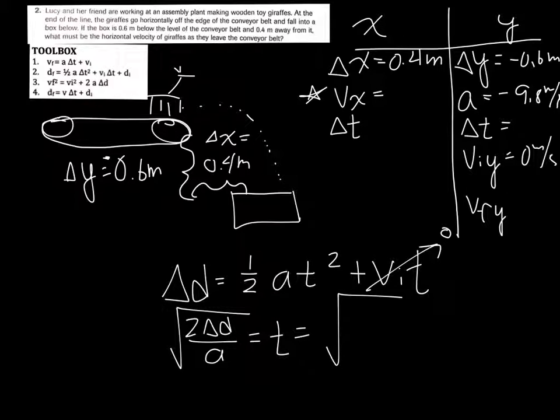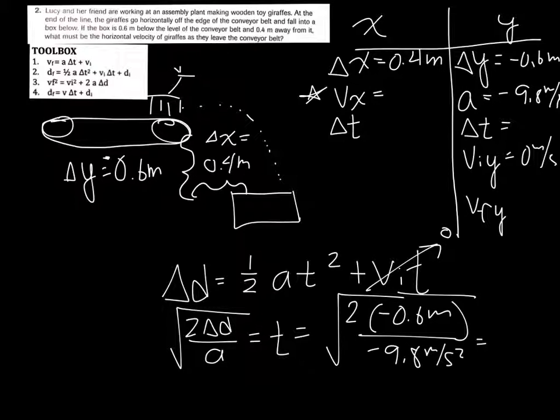So that is equal to the square root of 2 times negative 0.6 meters divided by negative 9.8 meters per second squared, which is 0.3499 seconds.